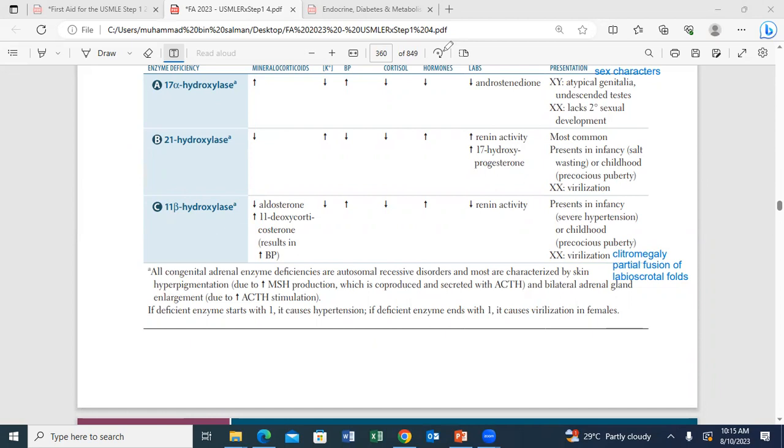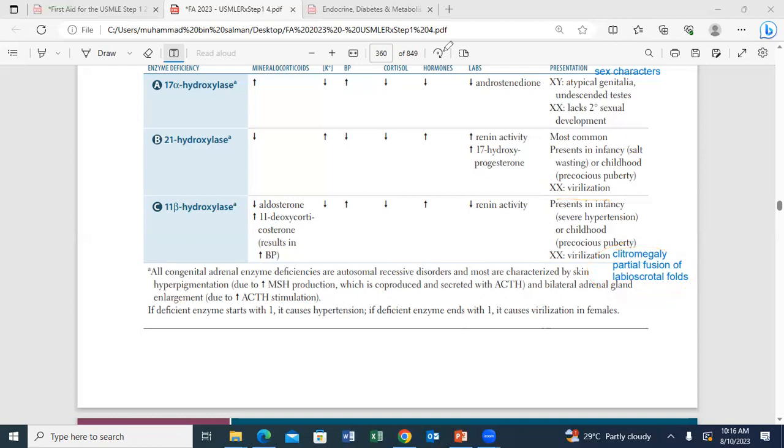Since you know the clitoris enlarges, it can form a penis, but if she is genotypically female, it will not be a complete penis, but still the increased testosterone will lead to clitoromegaly, and you can have a symptom such as partial fusion of labioscrotal folds. So although it was a labia, it has a partial fusion, so this makes the genitalia ambiguous. All these symptoms are written as virilization, right?